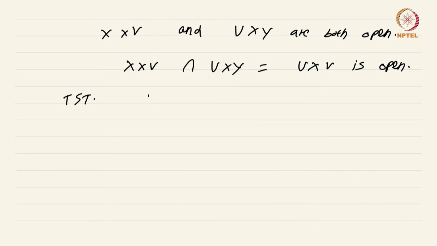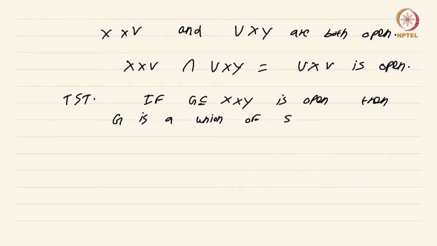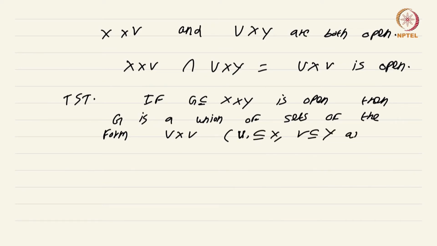To show that if G subset of X cross Y is open, then G is a union of sets of the form U cross V, where U subset of X and V subset of Y are open. This is our ultimate goal.